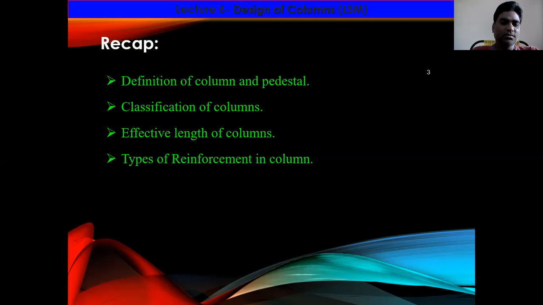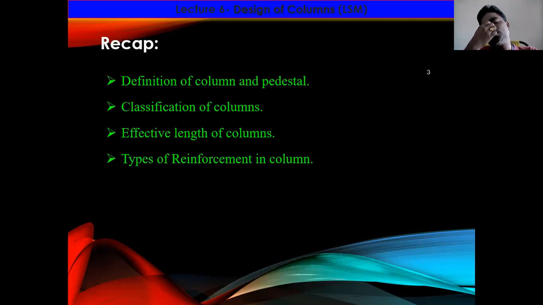Then we have discussed how the columns are classified based upon their shape, based upon the slenderness ratio, based upon the type of lateral ties provided, and based upon the type of reinforcement.